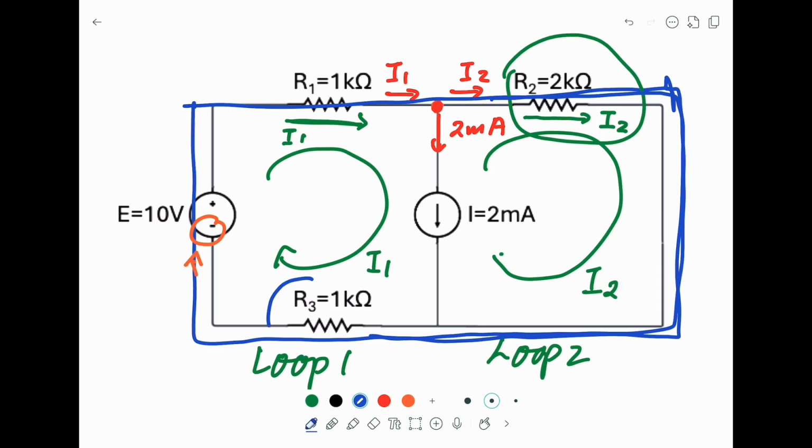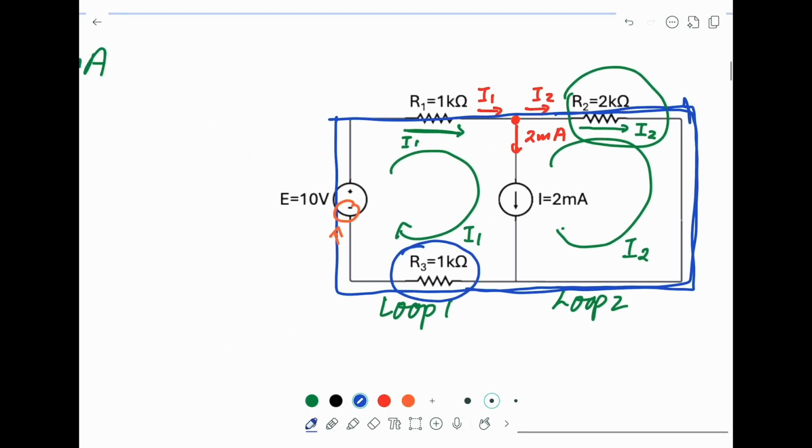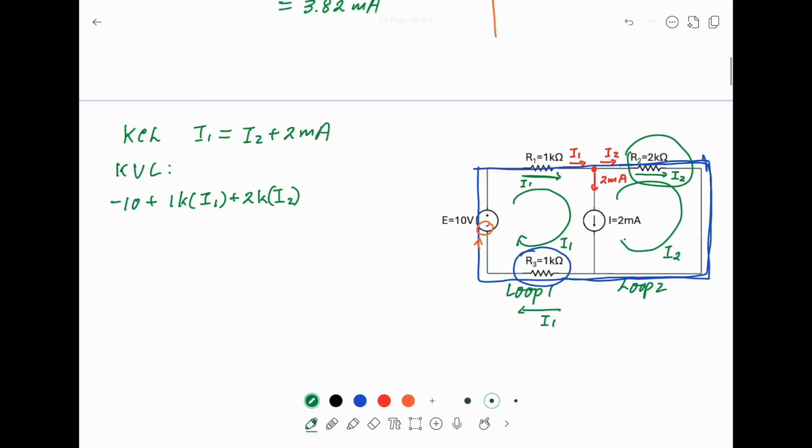Now we have to consider the voltage across R3, and you can see I1 passes through R3. So this time we go back to I1 plus R3 is 1K times I1. This is the analysis along this super loop, which we call super mesh, and this is equal to 0.